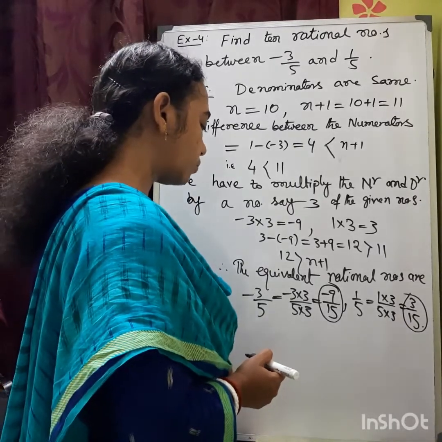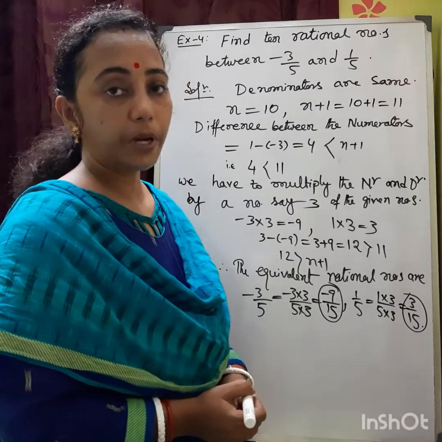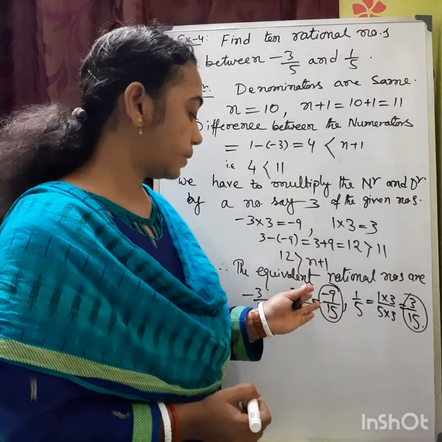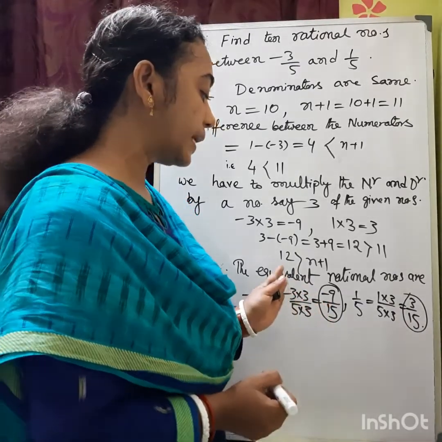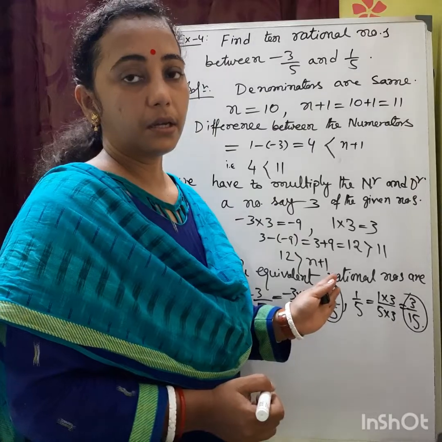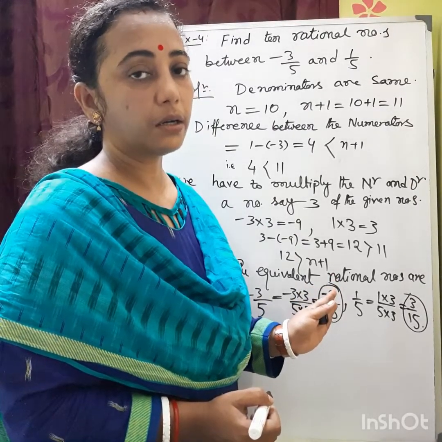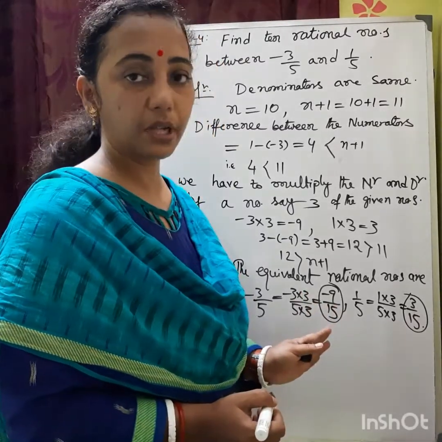So let us write down the 10 rational numbers by increasing the numerators of the equivalent rational number of the smaller rational number by 1 successively. So on increasing the numerators of the equivalent rational number by 1 of the smaller rational number successively, we get the required 10 rational numbers.